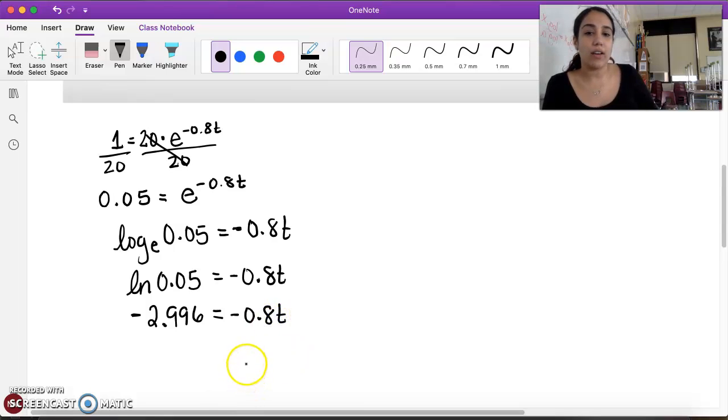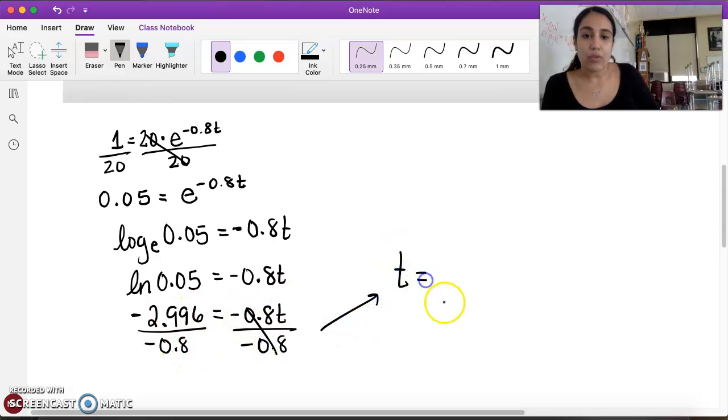How do we solve for t now? This is a basic algebra 1 equation now. We just divide by negative 0.8 on both sides, and we get t equals negative 2.996 divided by negative 0.8, which equals 3.745.